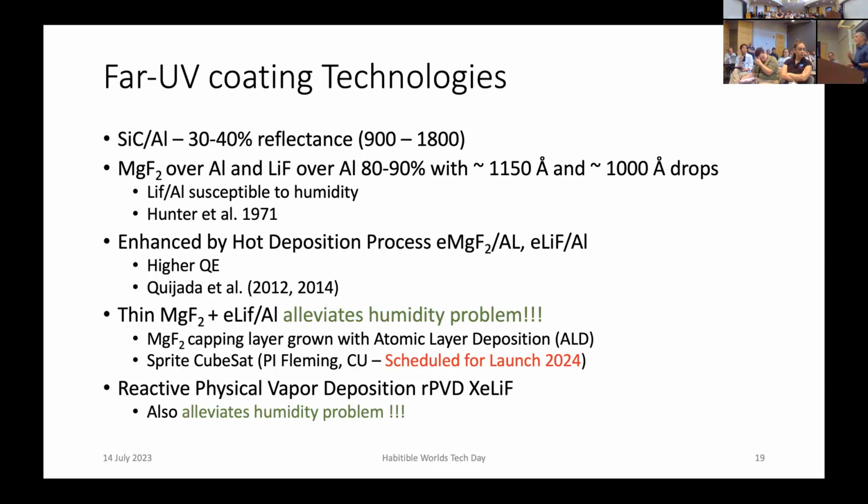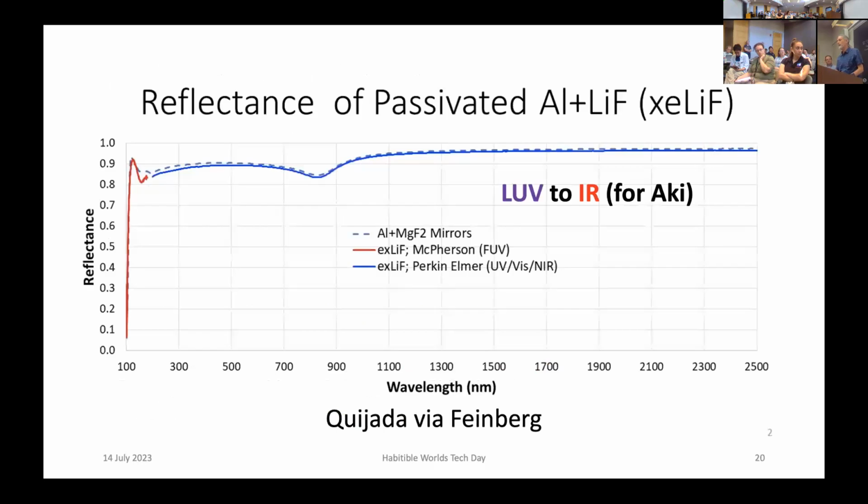Maybe not ideal, but it is a very robust process. And then I'm going to go into a little bit about this new technology that Manuel is developing at Goddard, called reactive vapor deposition, or the xenon LiF, which also alleviates this sensitivity to humidity.